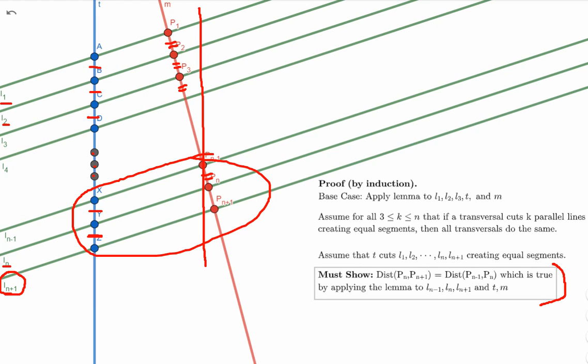Oh no, actually that's taken care of because of the cases before. Yeah, we're good. This is the whole proof. And so it's just a straightforward induction proof using lemma 3, the transversal congruence lemma. And now we're going to be able to prove the median concurrence theorem.